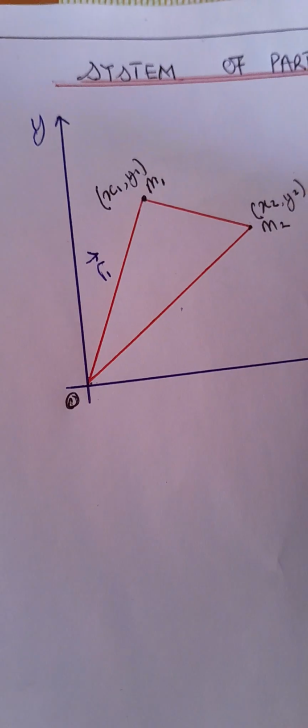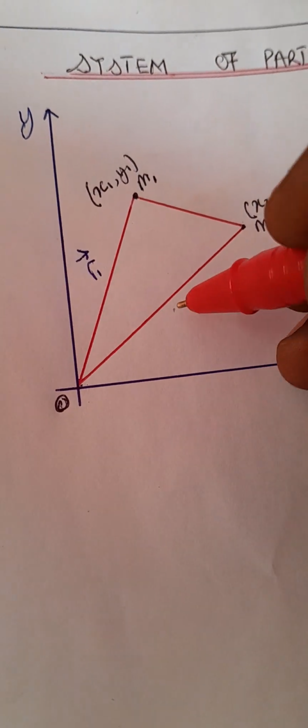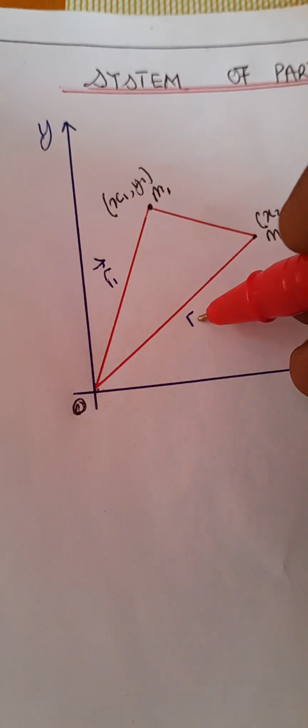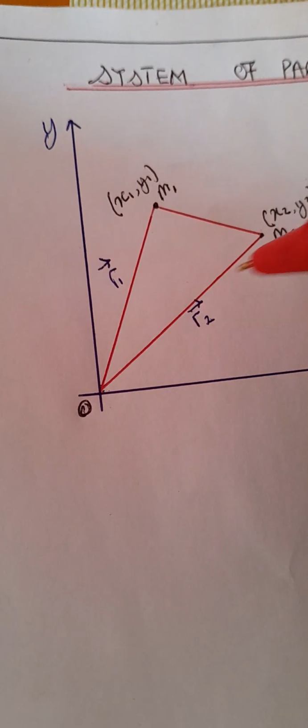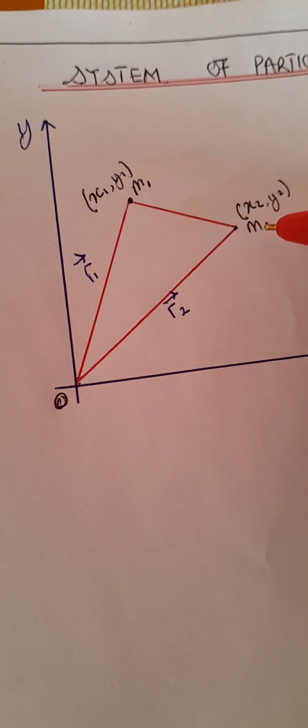I'm sorry, the distance is actually what we call displacement. I will not call it distance because distance is a scalar quantity. So I'll call it the displacement from the origin to the first particle, and the other one I'll call R2, which is the displacement from the origin to M2.